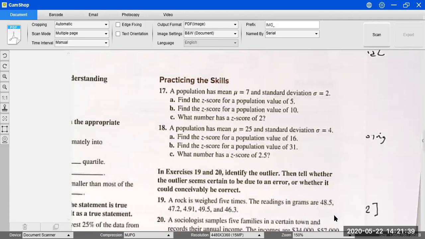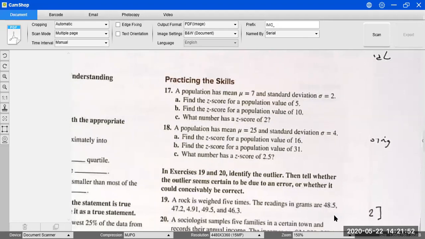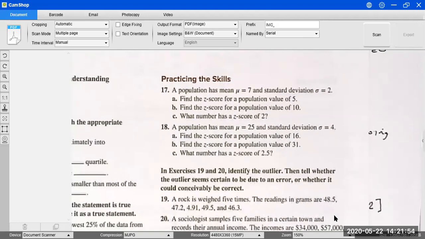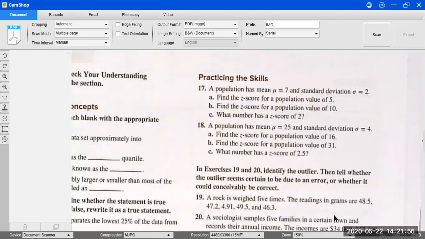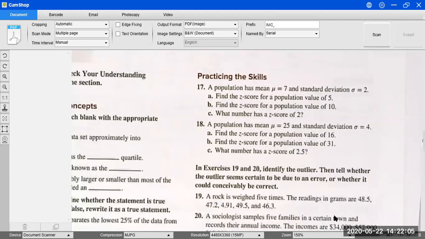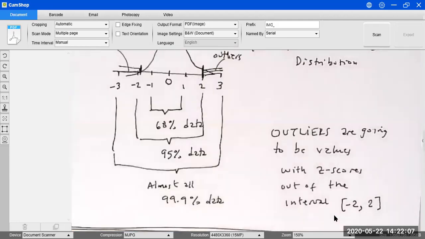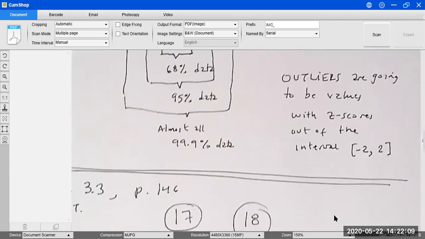So first you are given a value of x, for example 16 in problem 18 part A, and you're going to find the z-score. In part B, you are given x equals 31, and you need to find the corresponding z-score. And finally, the opposite, you are given a z-score equals 2.5, then you need to find the corresponding value for x.